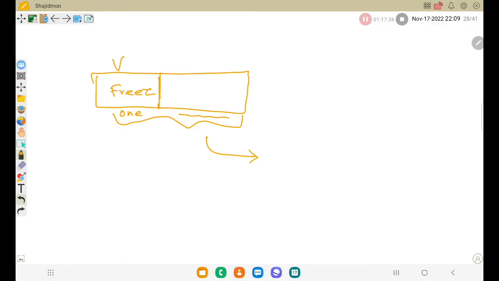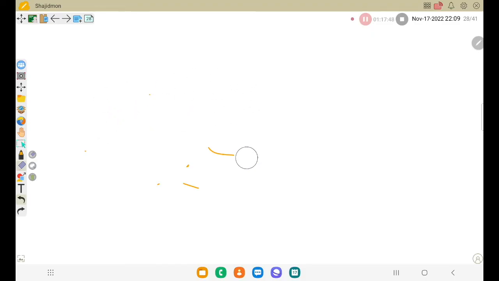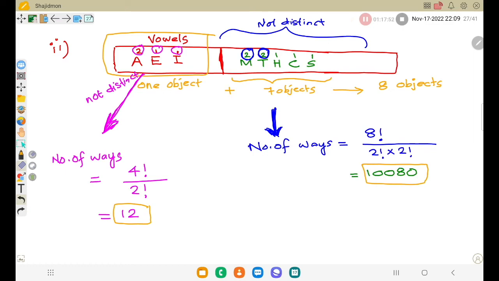After that, this one you unfreeze, then how many ways we can arrange this only. Then multiply these 2 numbers, that is the total ways of arrangement such that all vowels are together. So now I am writing total number of ways.